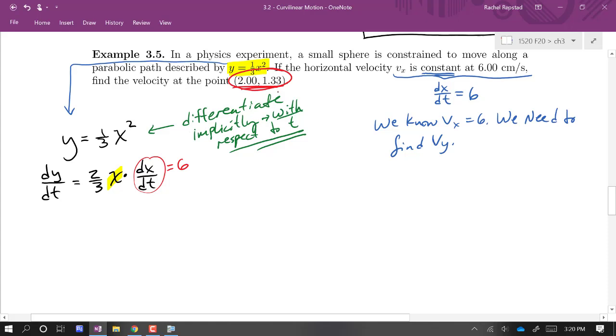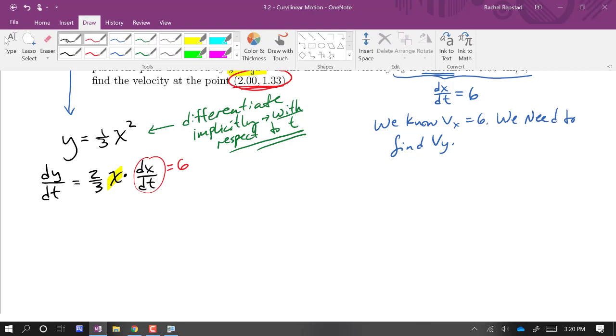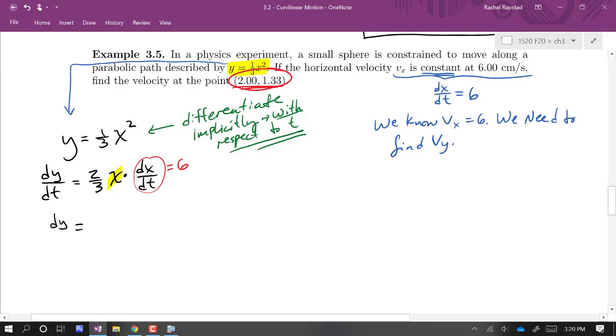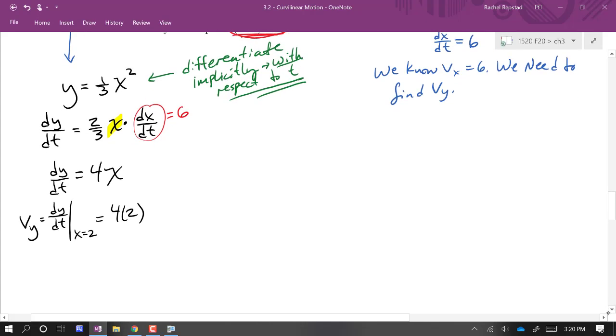So I'm going to replace the dx/dt with 6 and simplify this dy/dt expression. 6 times 2/3 is 4, so it's 4x. Now to find Vy, I'm just going to evaluate it at the point when x is equal to 2, and we get 8 for Vy.